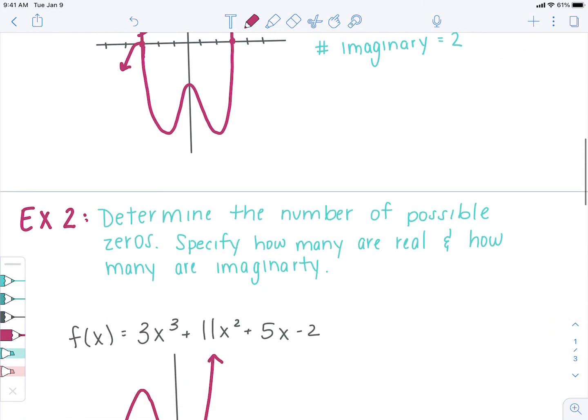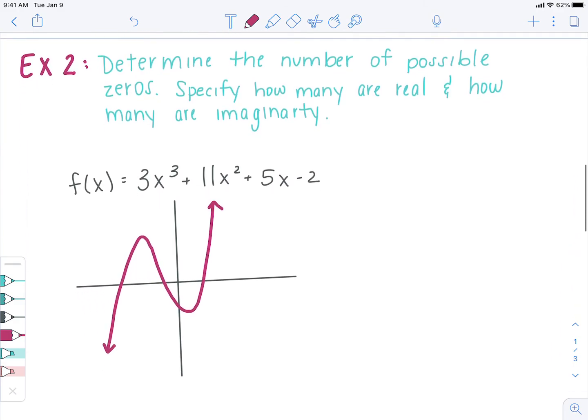What if I asked you the same question, but I gave you a graph like that? 3x cubed plus 11x squared plus 5x minus 2. And I said, okay, I made you a picture of the graph because I went to Desmos and I typed it in. I don't even really have to give you too much information on the graph because we're not even asking what the actual values of the zeros are. We just want to know how many are real and how many are imaginary.